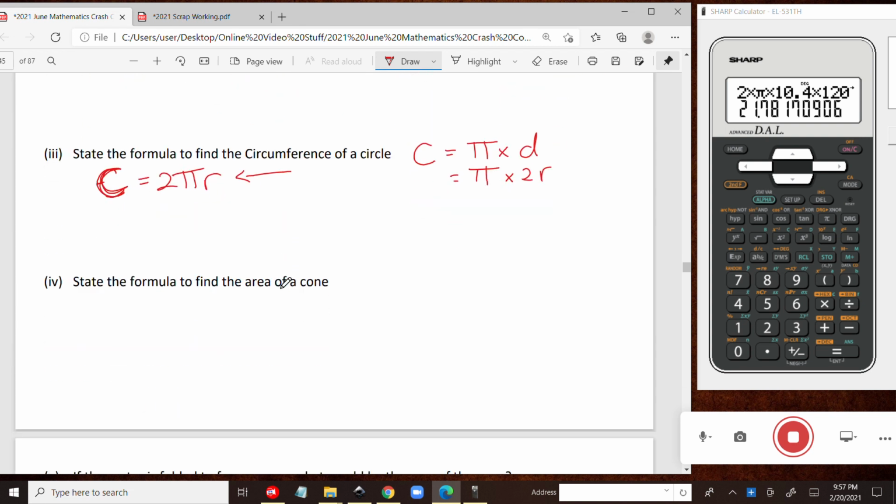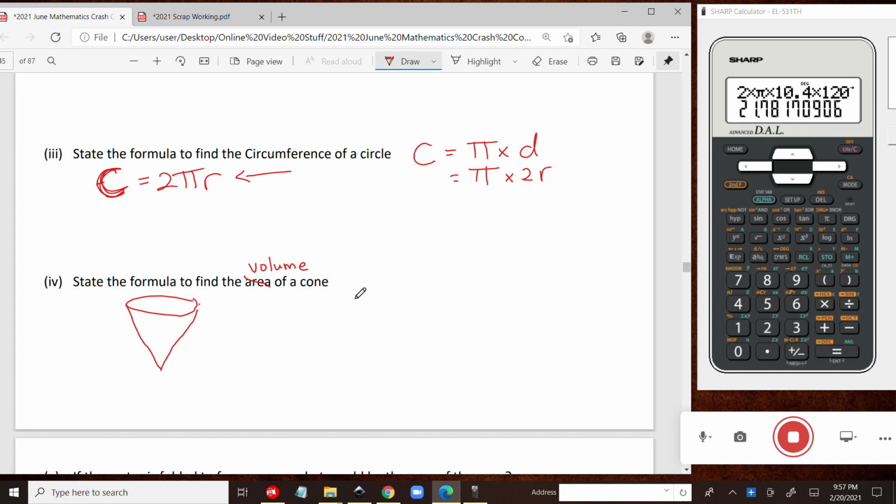State the formula to find the area of a cone. Well, you all know what a cone is. A cone is like a birthday hat. I've drawn it upside down here for a reason. So that's an upside down birthday hat. To find the area, oh sorry, this is supposed to be volume. I made a mistake. It was volume of a cone.